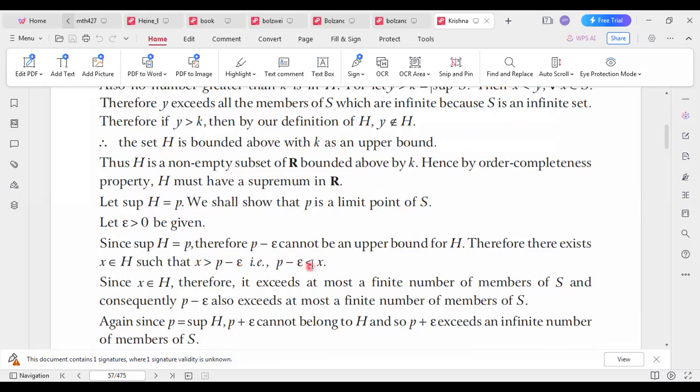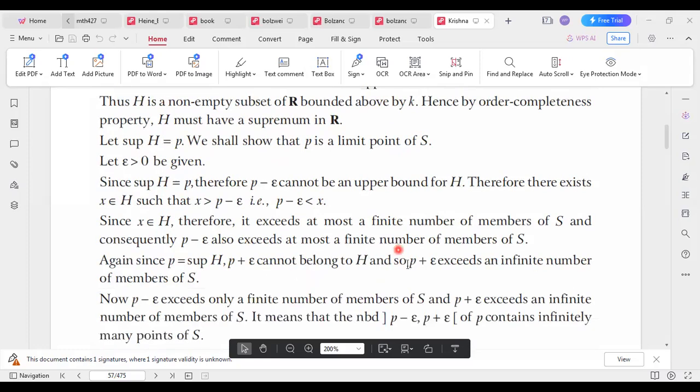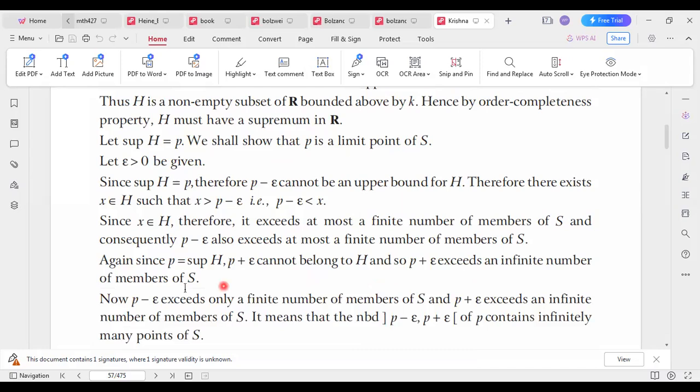Since x belongs to A, it exceeds at most a finite number of members of S. Consequently, P minus epsilon also exceeds at most a finite number of members of S. In that case, since P is the supremum of A, P plus epsilon cannot belong to A, so P plus epsilon exceeds an infinite number of members of S.